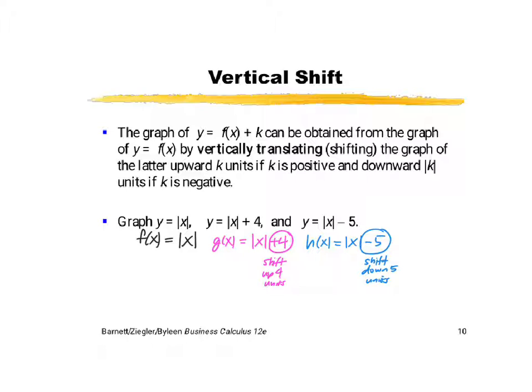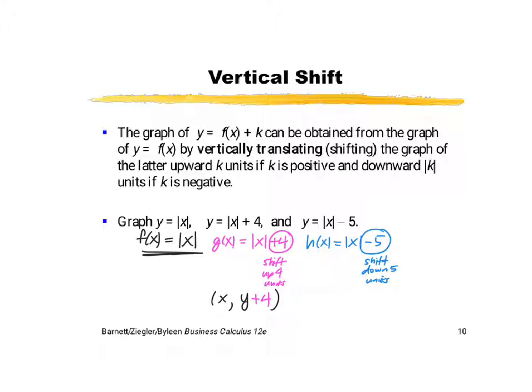Okay, and if I think of it in terms of ordered pairs, for g of x, since f of x is the absolute value of x, and that's just equal to y, I'll have the same x as my ordered pair from f of x, but my y will shift up 4 units, so I'll have y plus 4.